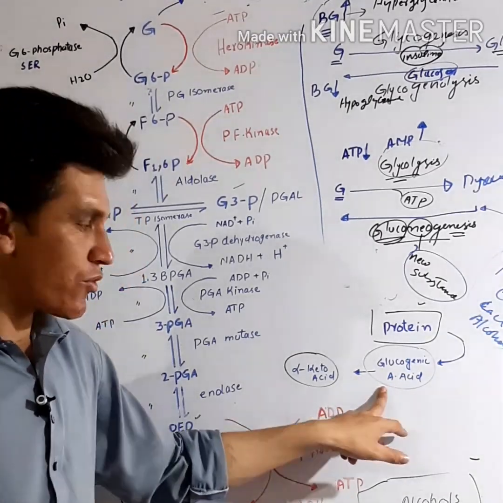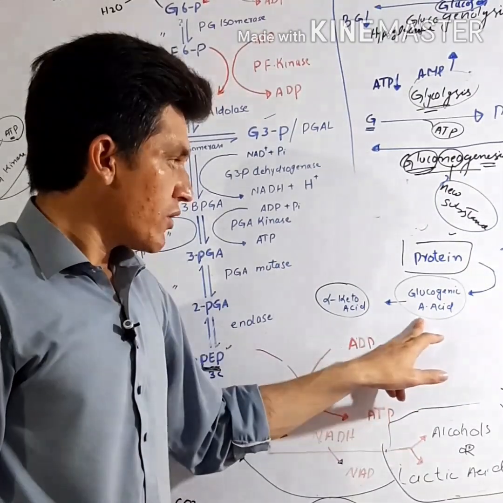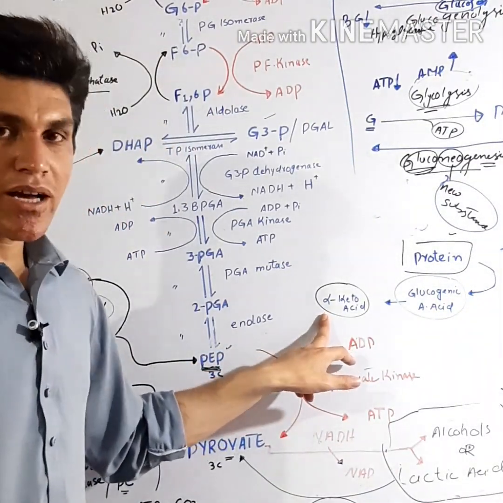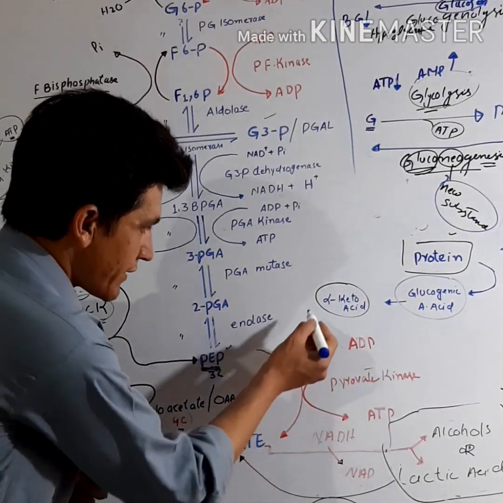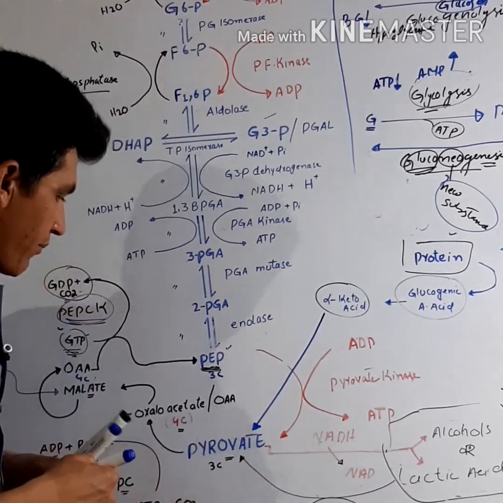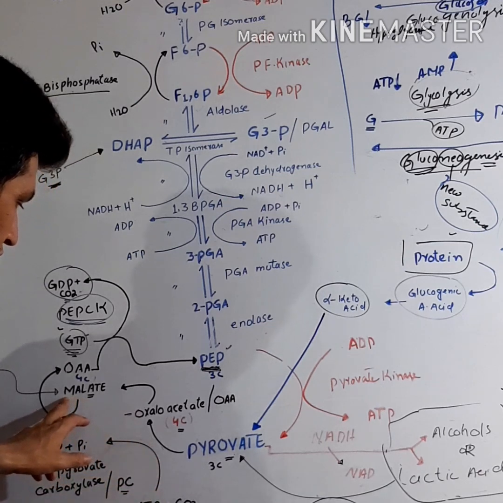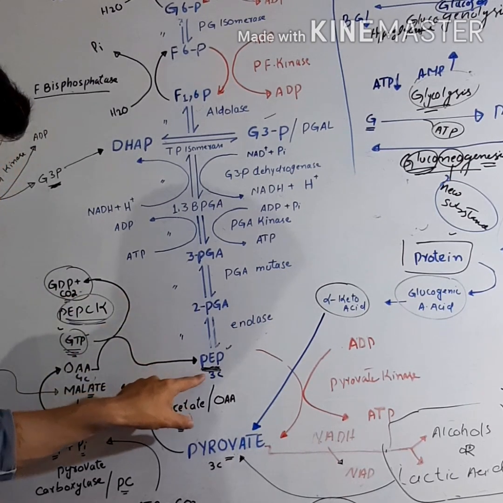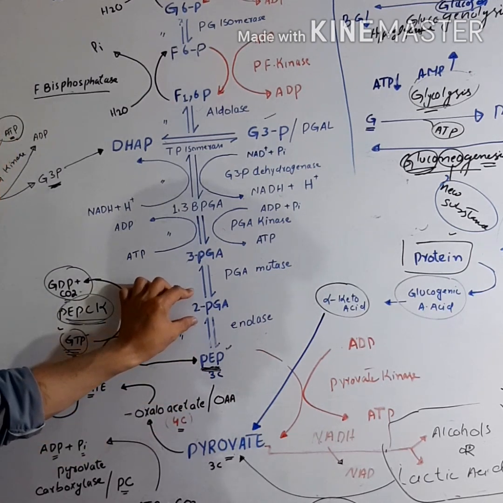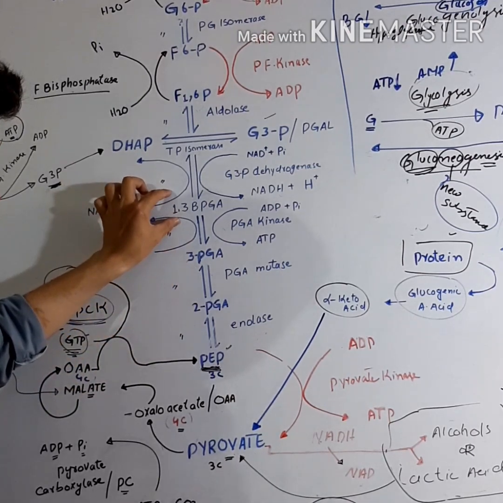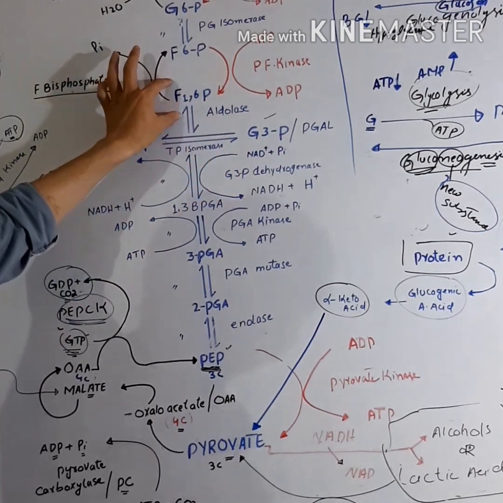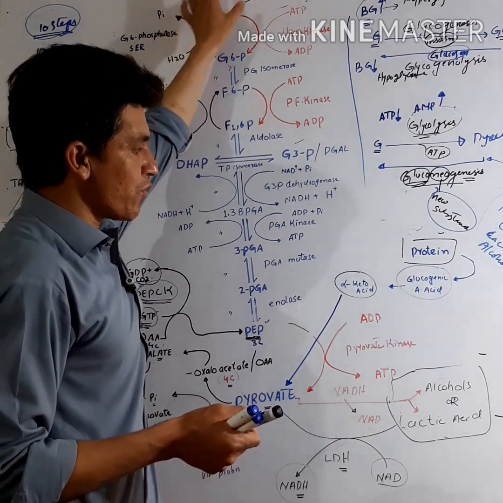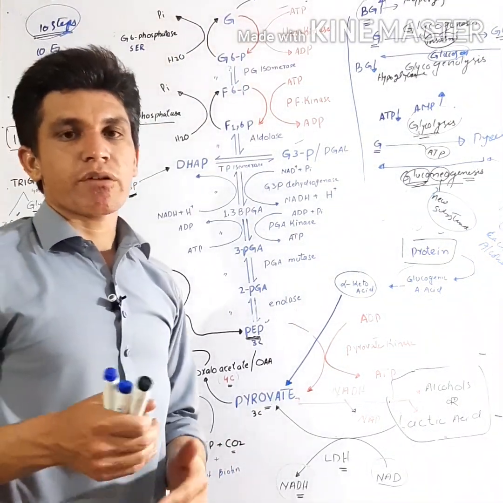If the amino acids of the protein are glucogenic amino acids, then these convert into alpha keto acids or other intermediates of the Krebs cycle, and alpha keto acid converts into pyruvate, into oxaloacetic acid, which converts into malate, leaves the mitochondria, converts back into oxaloacetic acid, which converts into PEP, into 2-PGA, into 3-PGA, into 1,3-bisPGA, into G3P, into fructose 1,6-bisphosphate, into fructose 6-phosphate, into glucose 6-phosphate, finally to glucose, and reaches the bloodstream to normalize the blood glucose level.